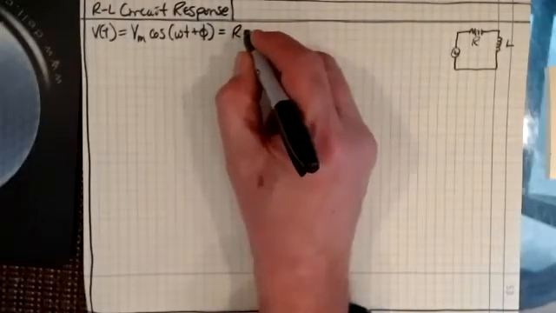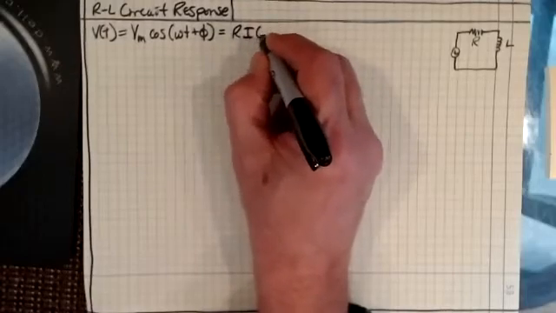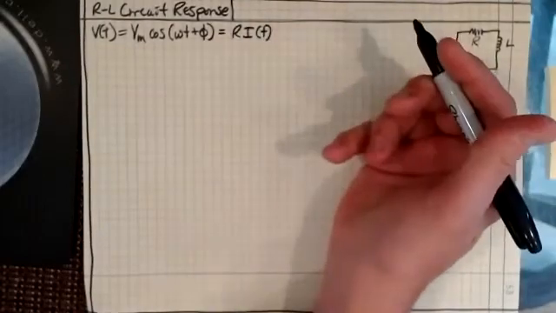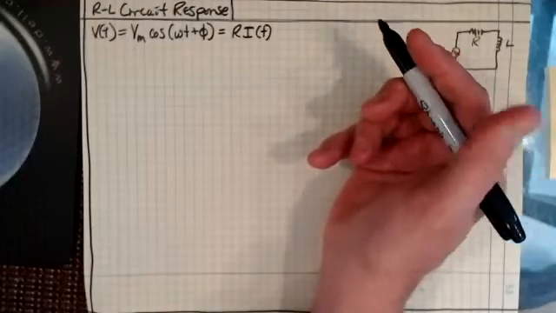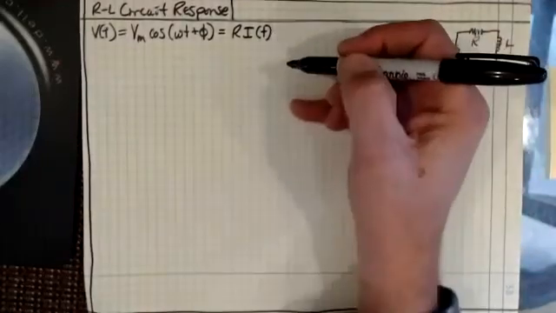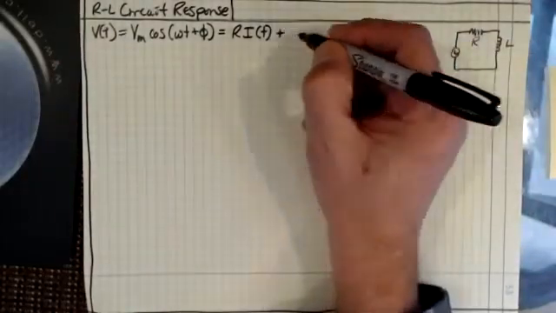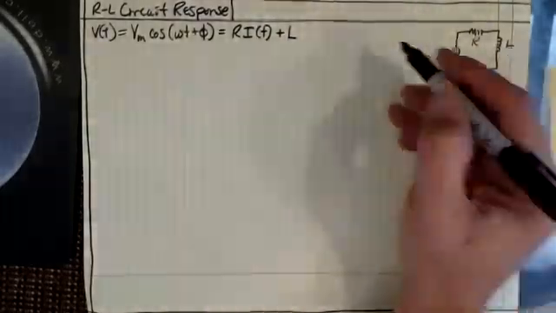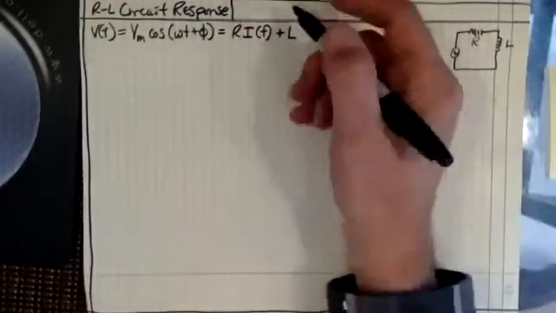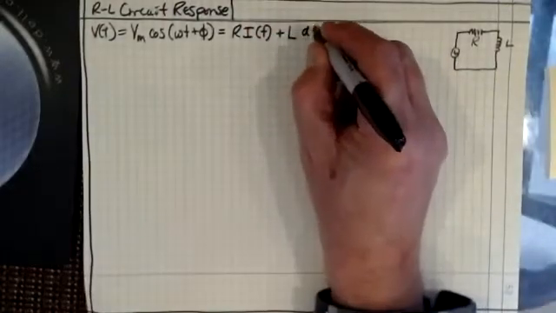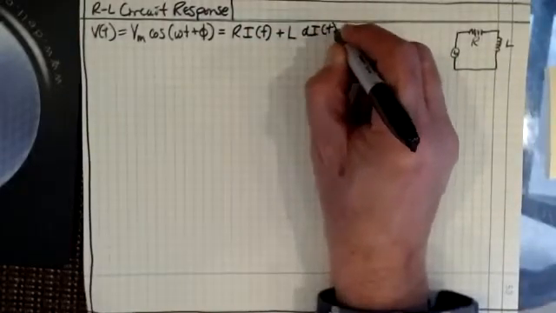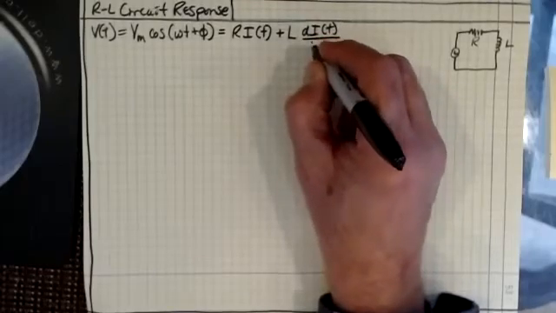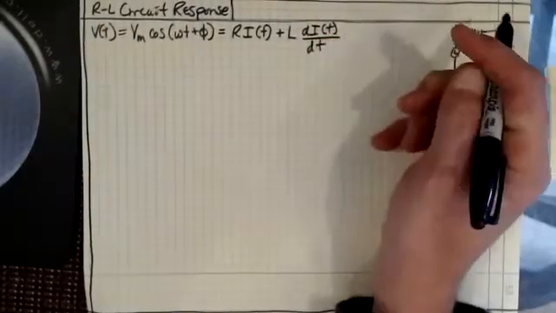It responds R times i of t, and of course the current is a function of time, right, because it's going to be changing, plus L, the inductance that I've got there, times di of t with relation to dt.